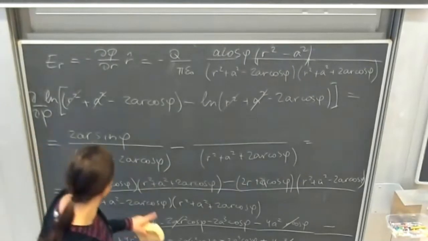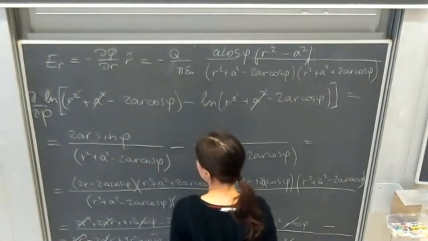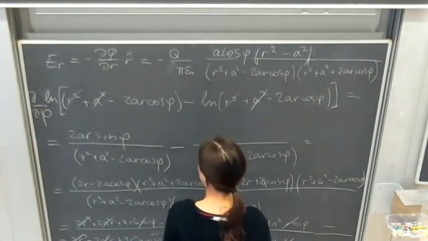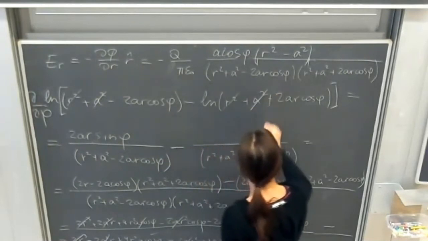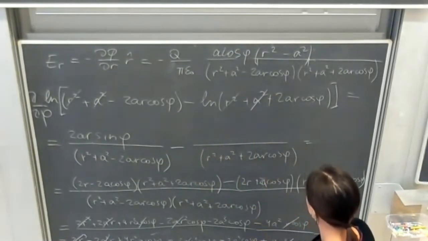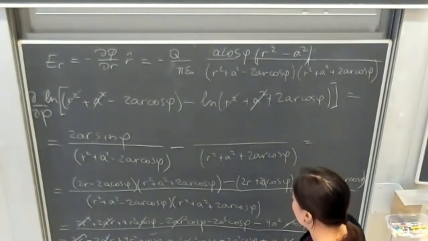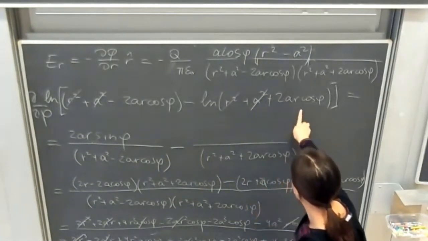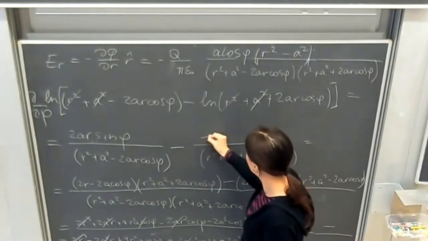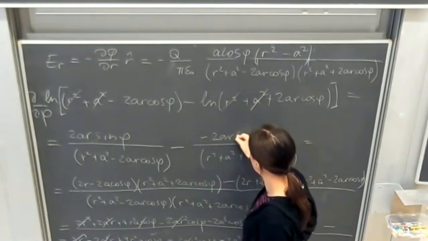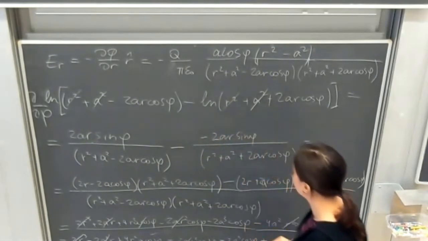And here is a plus, right? Yep. And then here is minus sine phi.